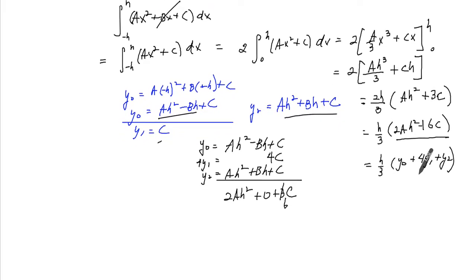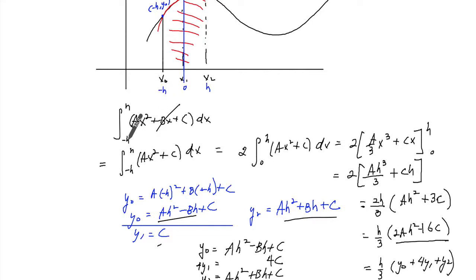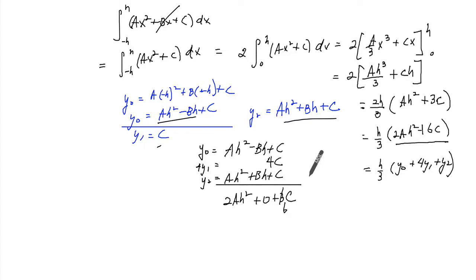This is very nice because now, to derive this, we did it from minus h to h, but we can shift to the next interval. So the first parabola gives the Simpson's rule, h over 3 times y0, 4y1, y2.